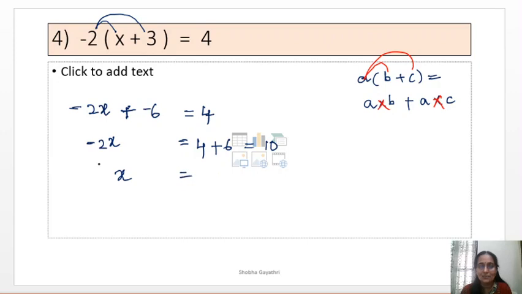It is multiplication here, so it will become division by minus 2. Do you remember the minus? What is the sign of the answer now? 10 is divided by minus 2. The answer is minus 5. x equals minus 5 is the solution of the given equation.